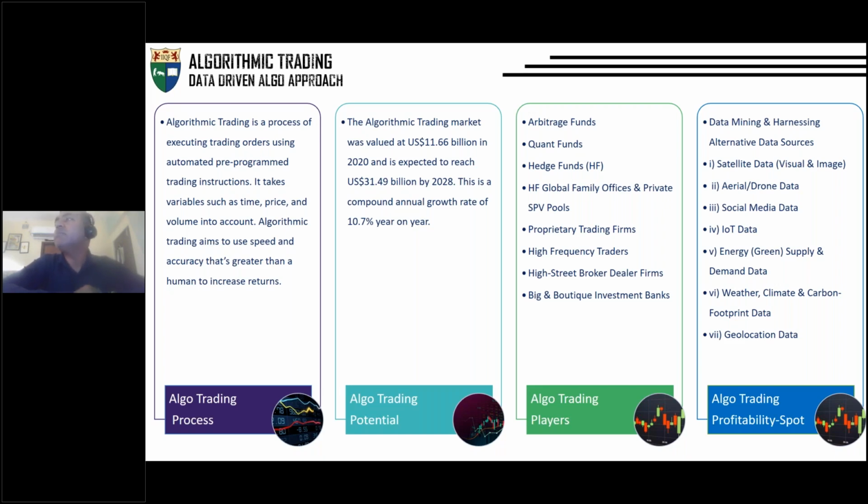And some of the main players in this strategy are arbitrage funds. As we talked through, they play arbitrage, statistical arbitrage, or economic arbitrage strategies. The quant firms, which follow quantitative trading strategies, the hedge funds, which follow different kinds of event driven strategies, right.